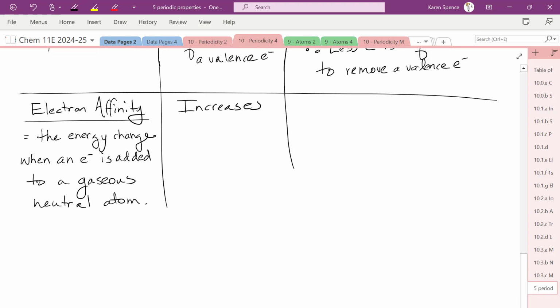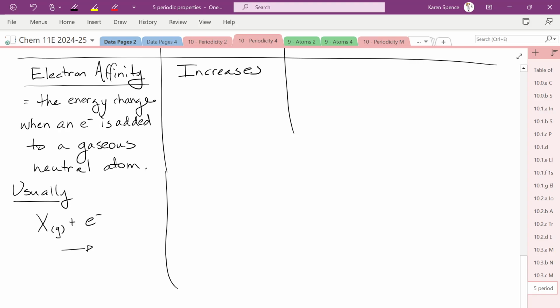And usually, that's going to look like this. If we have a gaseous neutral atom, when we add an electron, what do we get? We get X minus, and usually we get the electron affinity being released.